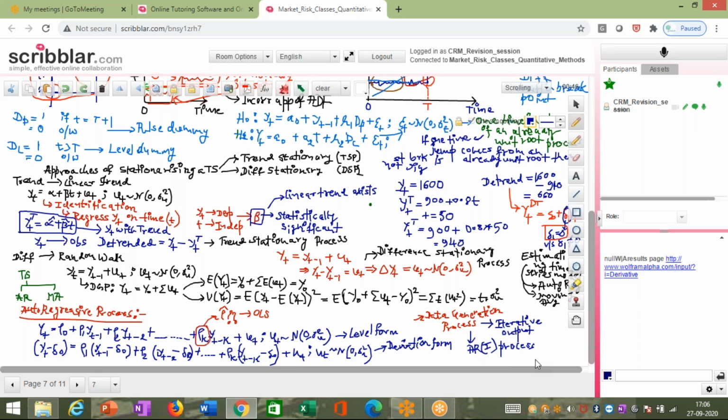So let us first explore the data generation process for an AR1 process.